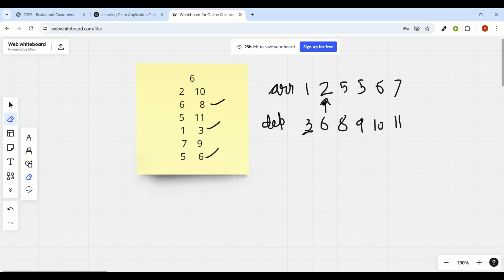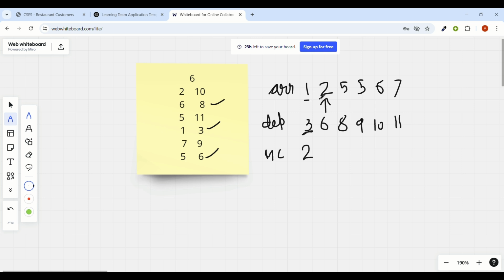So this is the last customer. 2 is the arrival time of the last customer who arrived before the departure of this customer. So that means the customers starting from the beginning till here are the customers who arrived before the departure of this customer. So basically this is the answer for time 3. So we can see the maximum number of customers before the departure of this customer is 2.